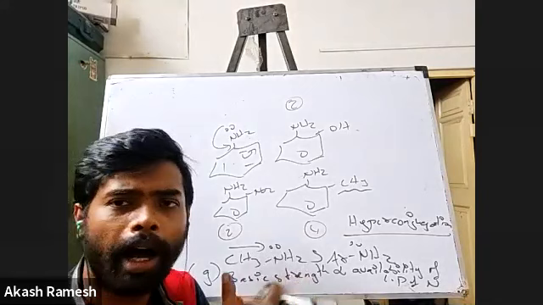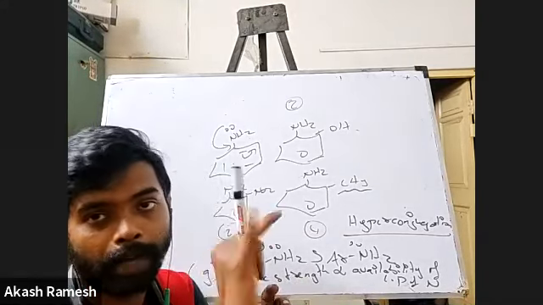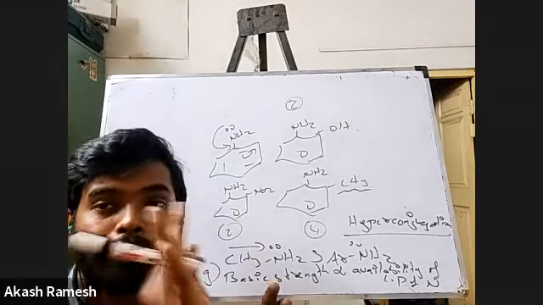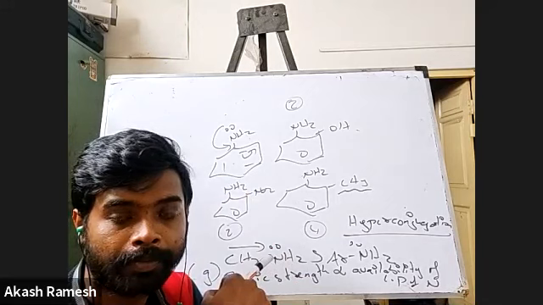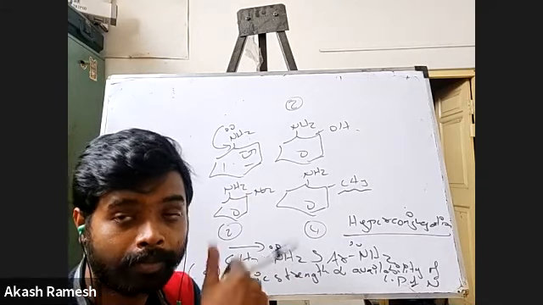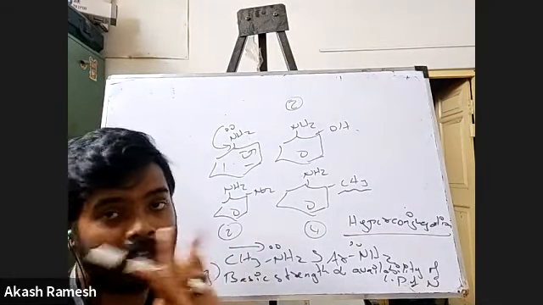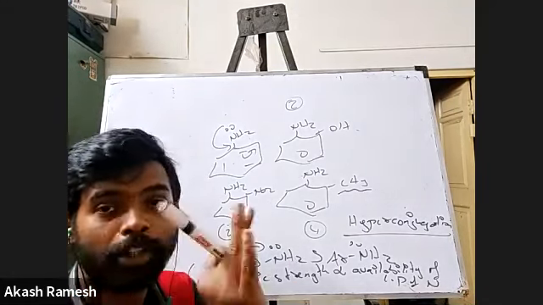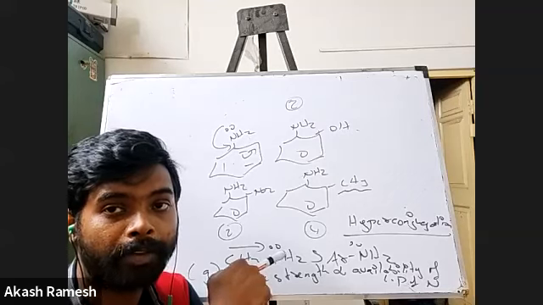Now I gave you a priority order: inductive effect, hyperconjugation, resonance. Among these three, which should be given maximum priority? Resonance. Then hyperconjugation, and then inductive. Understood?